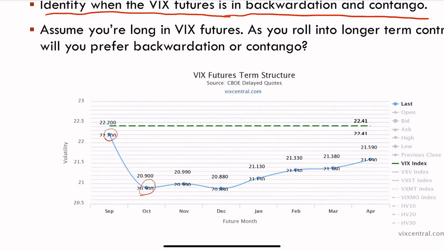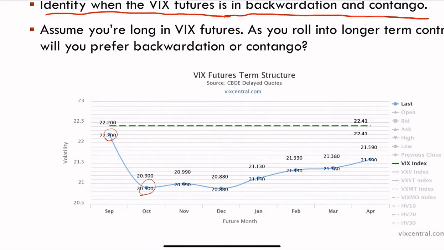Well, this basically says that a futures which is further to its maturity has a lower volatility, right? Again, let me repeat because this could be confusing. What you can see here is we have the October futures, and this October futures has a lower volatility compared with this September futures.